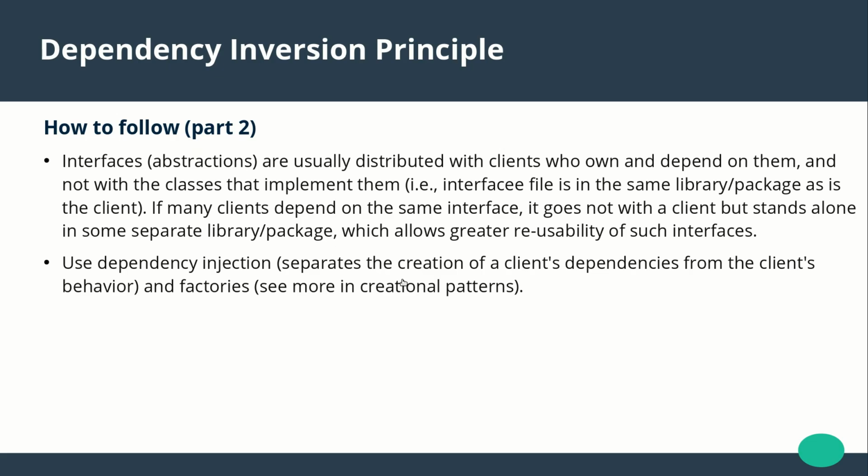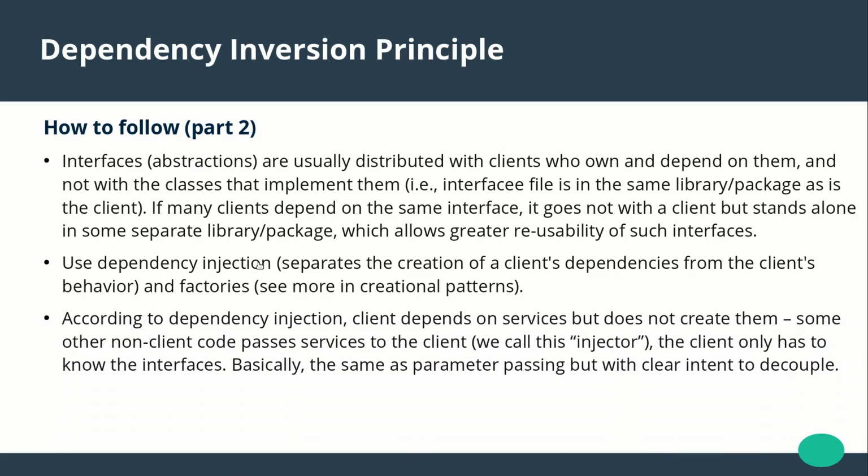This course isn't about patterns, but a factory is a simple idea. Basically, you have some other function, some other class that is responsible only for creating instances of some other class or instances of classes that implement some kind of interface.